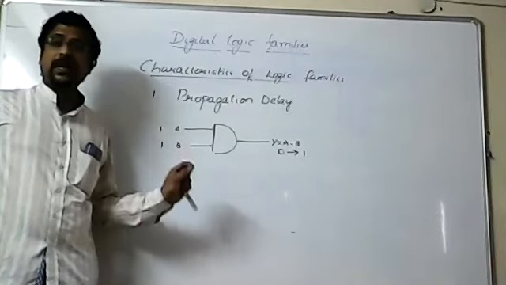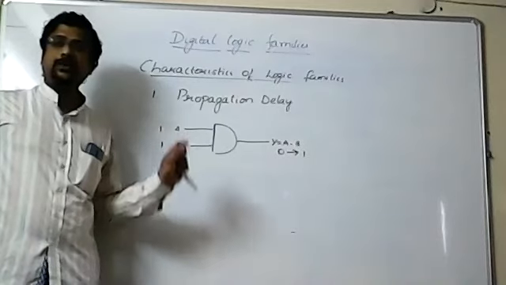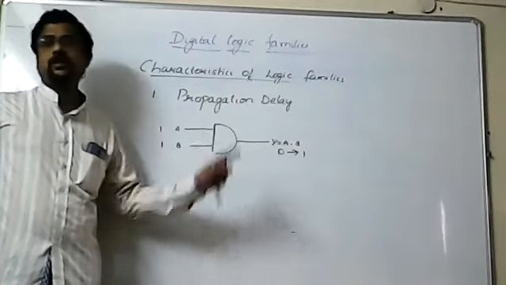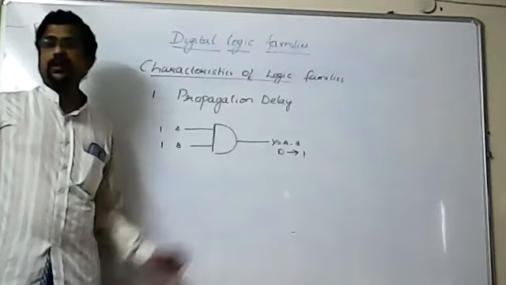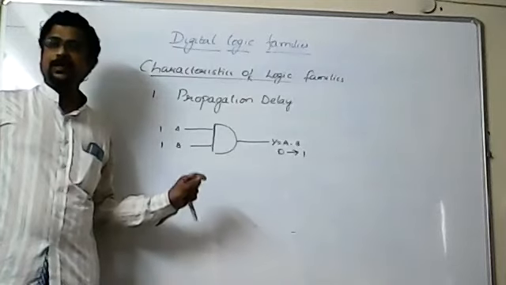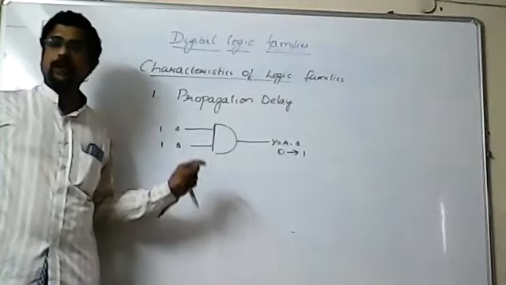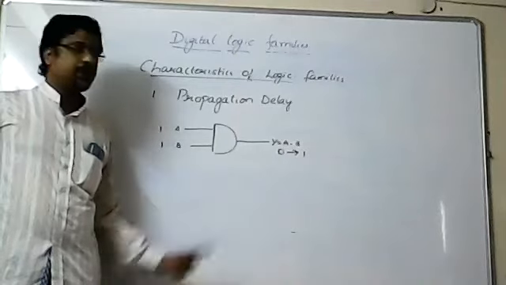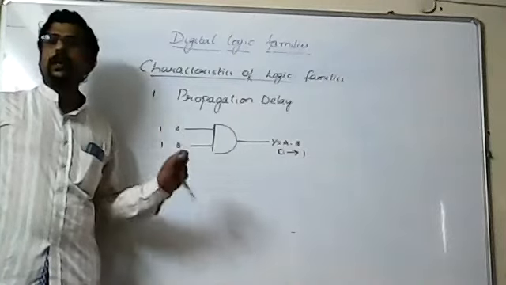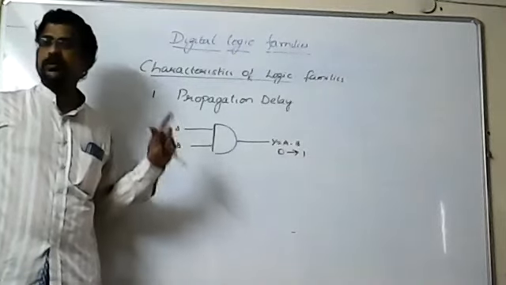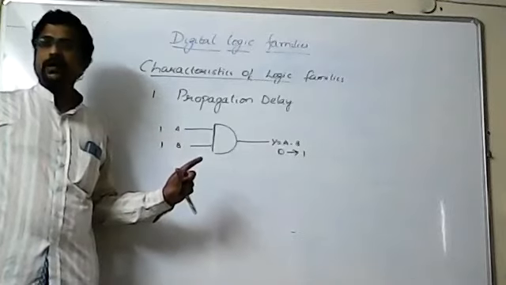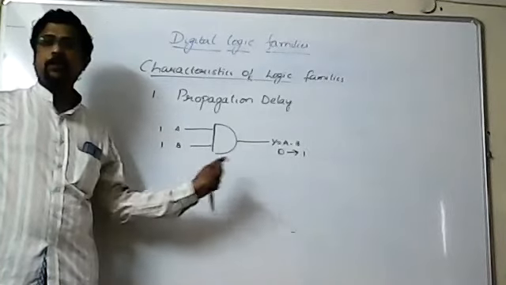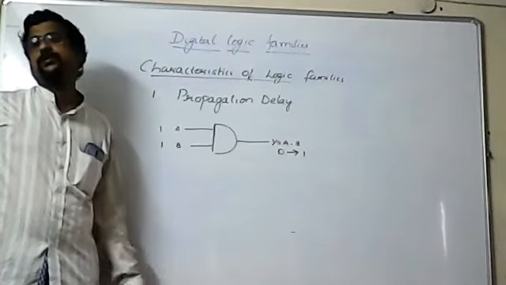Because the delay time should be as small as possible. Whenever you design digital ICs or logic circuits, you have to take care that the propagation delay must be as small as possible, in terms of nanoseconds, so that the speed of operation is high.